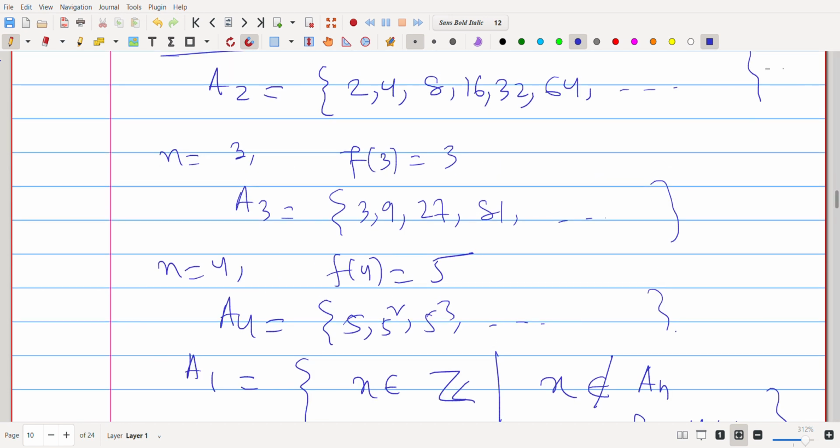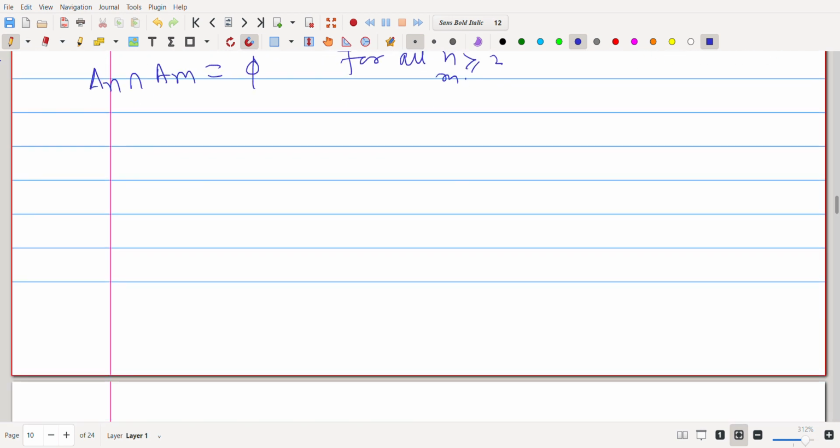That is quite obvious, because the set A_n is basically the prime powers, right? Now if 3 to the power k1 equal to 5 to the power k2, that cannot happen for any k1 or k2 greater or equal to 1, right? So that is simple. Hence A_n intersection A_m is empty.